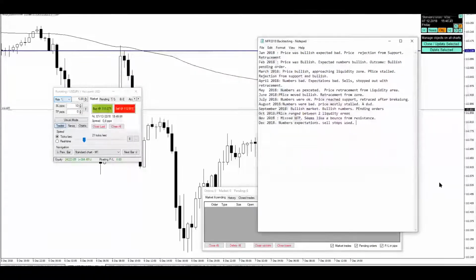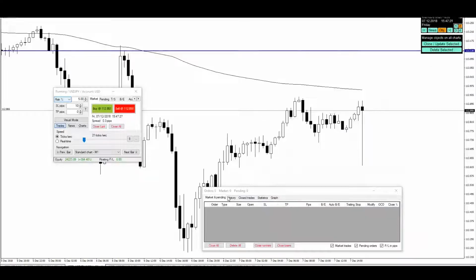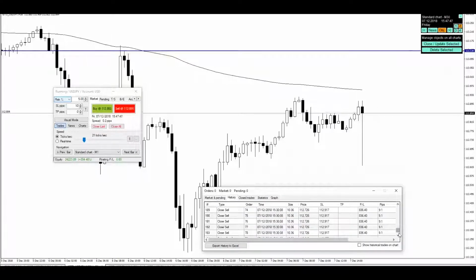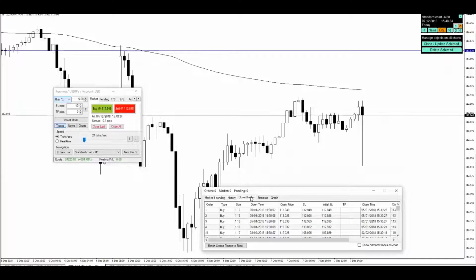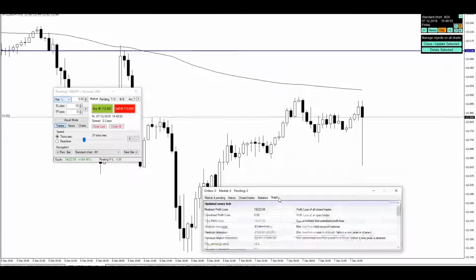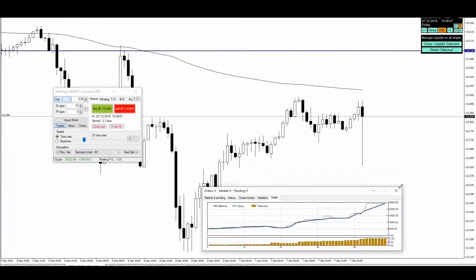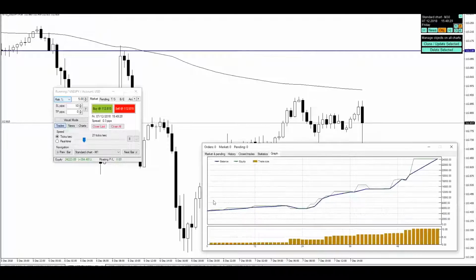See, so one trade a month, NFP, one trade a month. This grew from 5,000 to 24,000 in a year. This took 1 year.